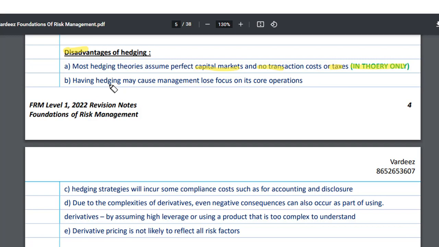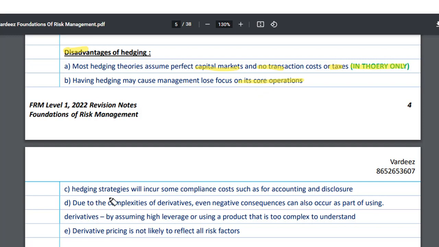The second disadvantage is that having a hedging program may cause the management to lose focus on its core operations. If the management is too busy hedging, especially in dynamic hedging where you need to continuously adjust your strategy, there is a high probability that you may lose your focus on the core operations. So this needs to be taken care of.